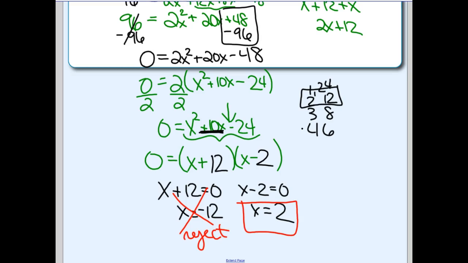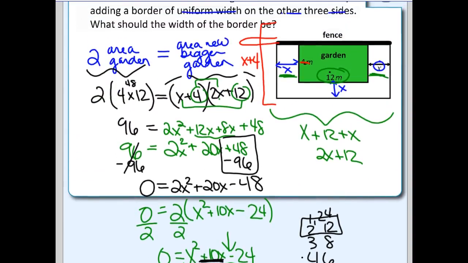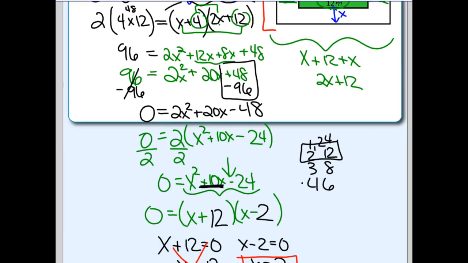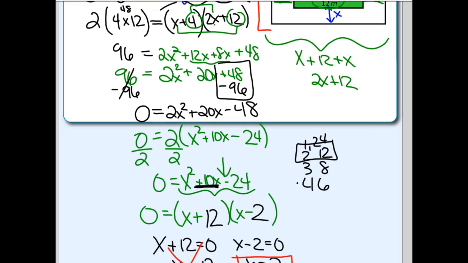Now if I go back up here at the top and I read the question, what was the question now that I did all that work? What would the width of the border be? So we're solving for x, and we already did that, and so we know x equals 2, and it was meters. Final answer. Make sure you show me a check in there. And that is our final type of story problem.